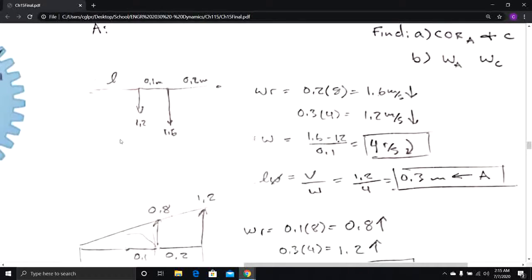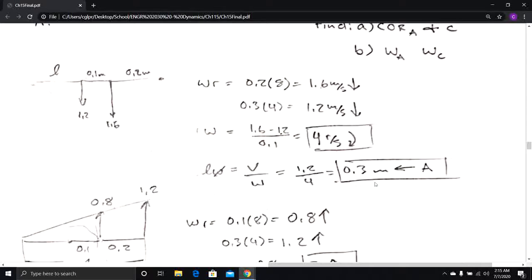Again, velocity equals omega r. R in this case is going to be the length from point A. So I just got to divide by the omega. I get 0.3 meters left of A.